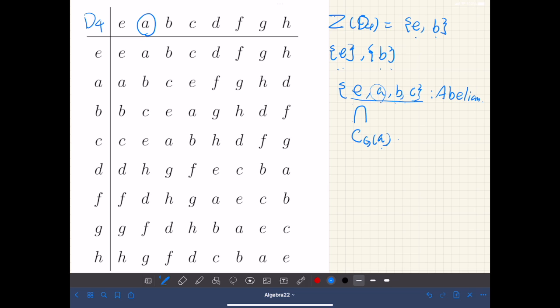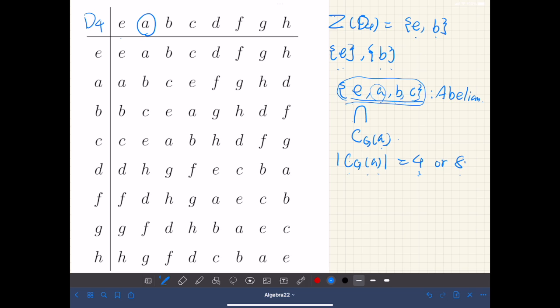So the centralizer of A has order either 4 or 8, because the order of a subgroup must divide the order of the group. But it contains a subgroup of order 4, so it must be at least 4 and at most 8.